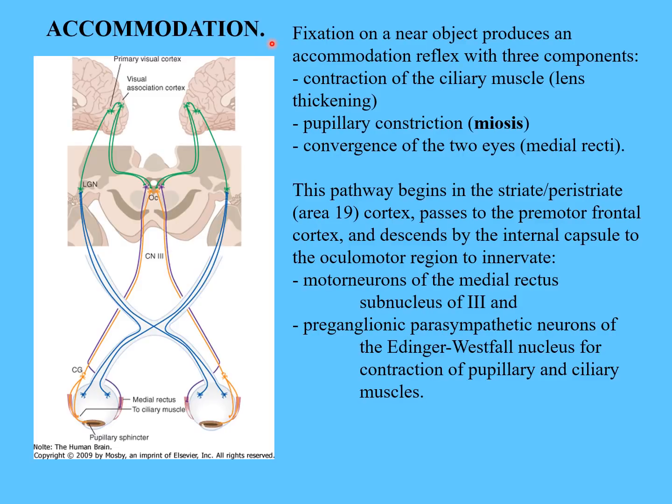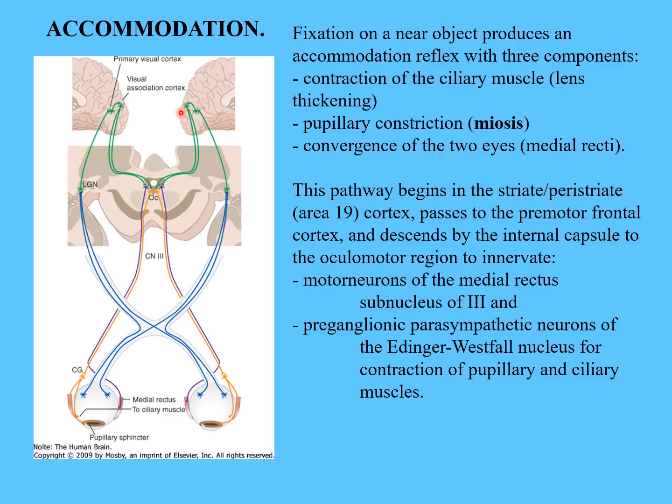Accommodation is fixation on a near object in which there is contraction of the ciliary muscles with lens thickening. There's pupillary miosis and convergence of the two eyes, that is, the medial rectus of each eye is activated. This pathway depends on information coming to the cortex that is able to detect that the image is out of focus as you bring something closer to the face.